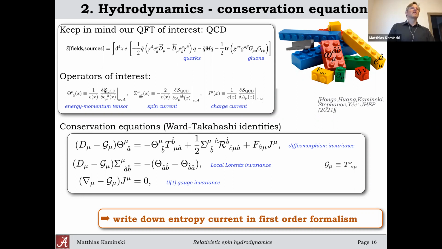And then we have the energy momentum tensor, which I now label theta, because right now I would like to define it as the variation of the action with respect to the vielbein. This is a slightly different energy momentum tensor, but I want to stay close to first order formalism. So this is the definition that I'm choosing.